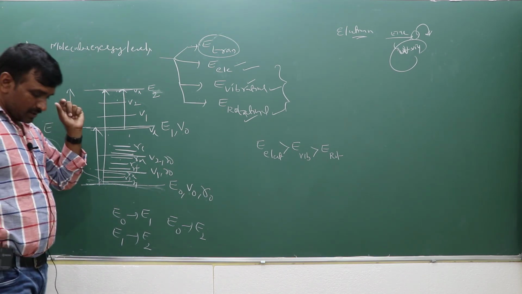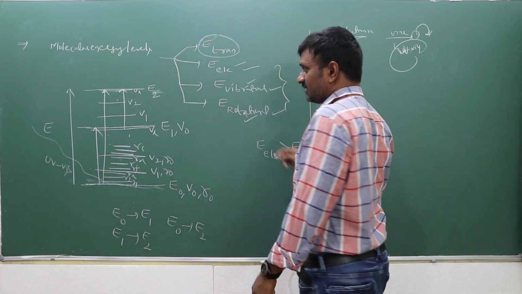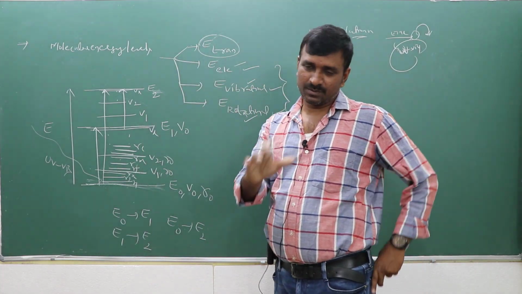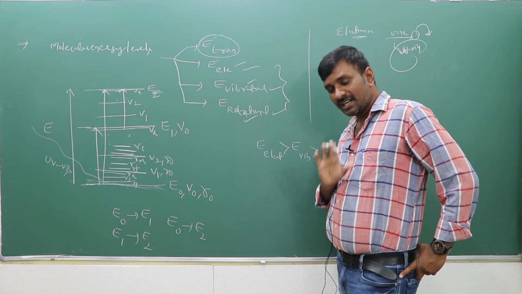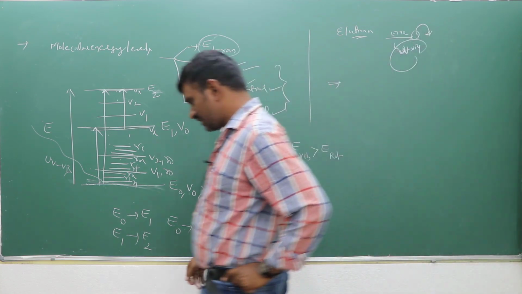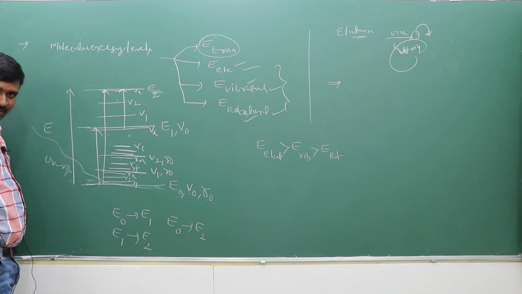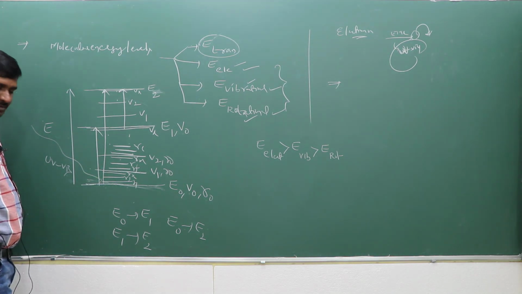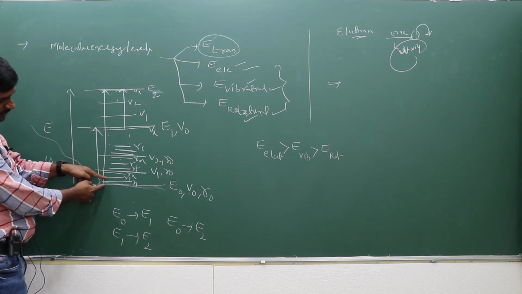Now, this electronic spectroscopy, or UV visible spectroscopy, as I mentioned at the very beginning, is also considered vibrational rotational electronic spectroscopy. Why? Because when the electron, after absorbing the radiation, makes the E0 to E1 transition, in between these two levels there are vibrational levels and rotational levels also.